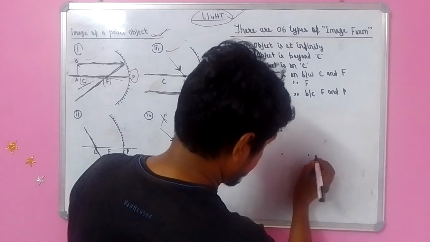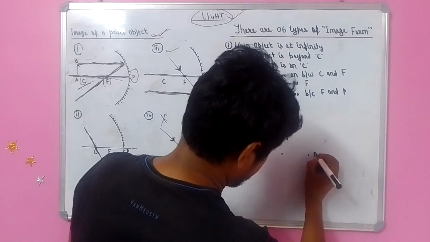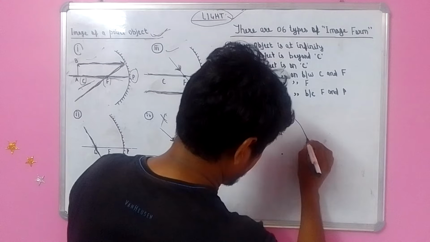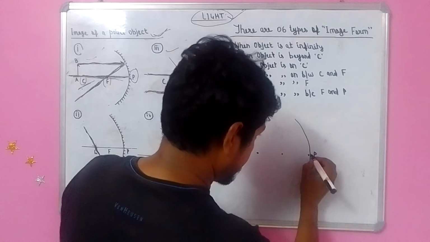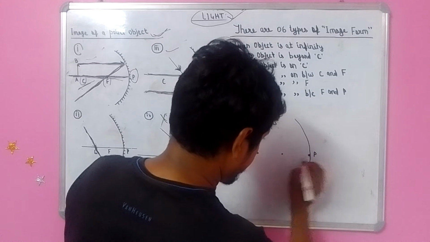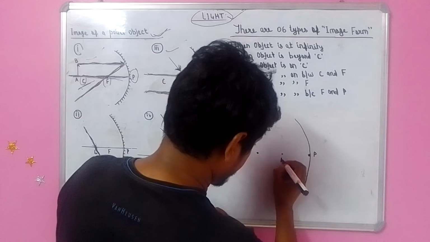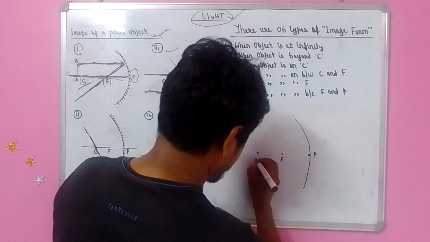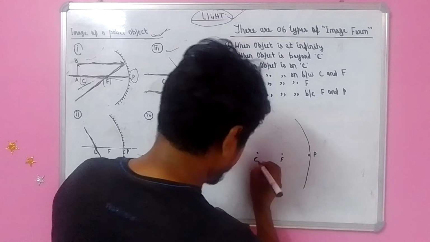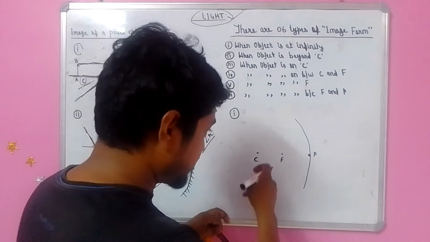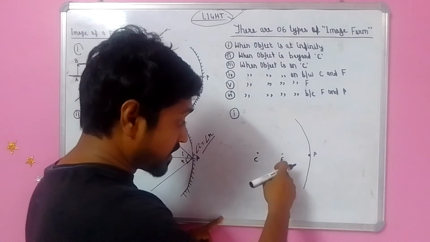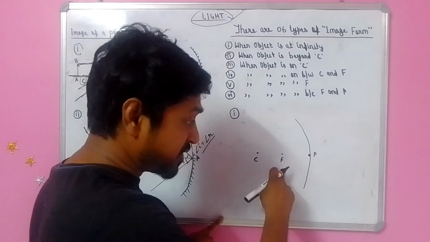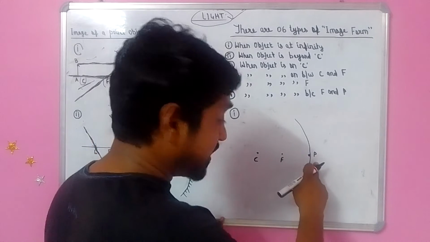This is the pole of the spherical mirror, the second is the principal focus, and the third is the center of curvature. The center of curvature is denoted by C, focus is denoted by F, pole is denoted by P.